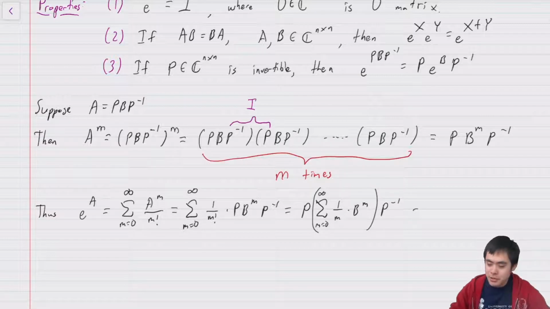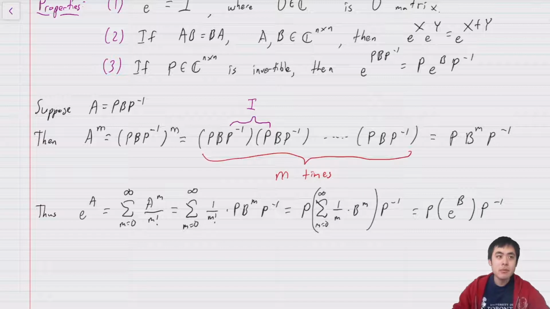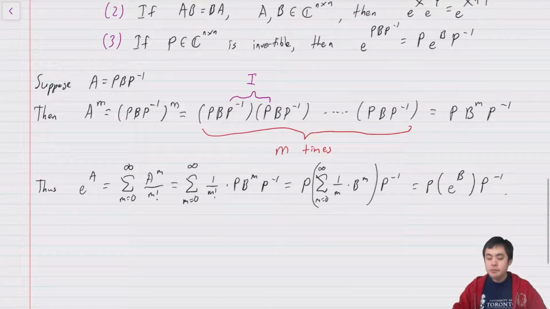And of course, by the Taylor series definition, this is just P times e to the B times P inverse, which proves property 3 that we were discussing a moment ago.